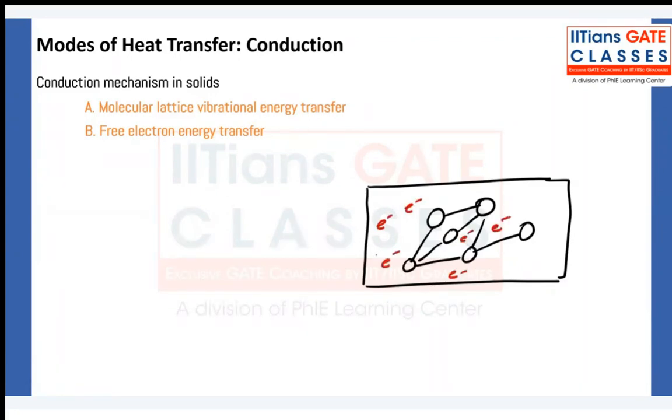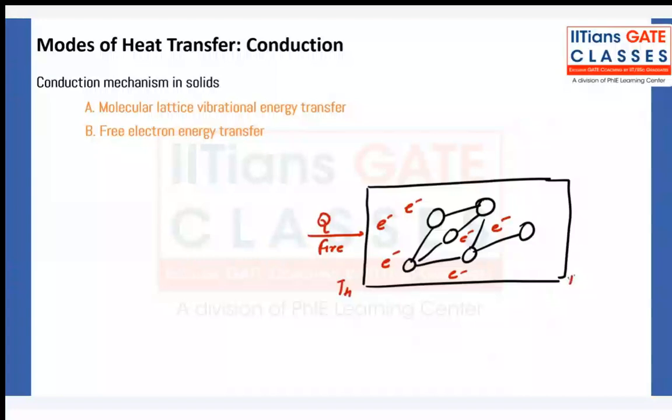Let's say you apply some heat here, for example you put a hot body or some fire here, so you are giving heat from one side. This side will be at higher temperature and this side at lower temperature.